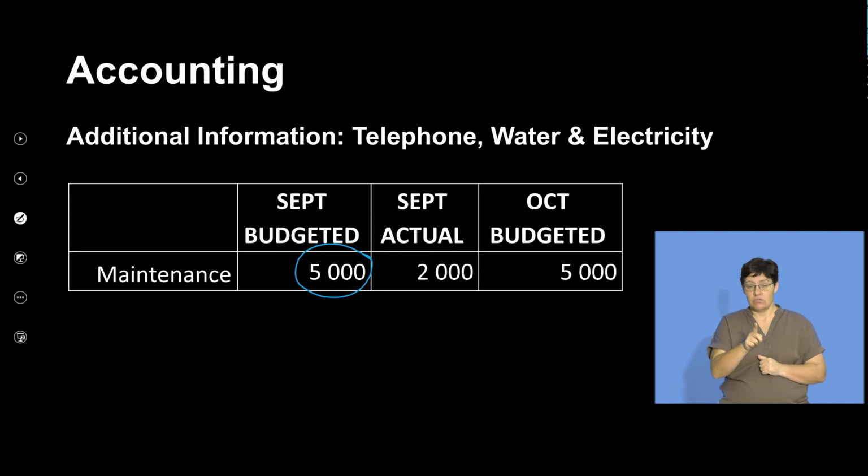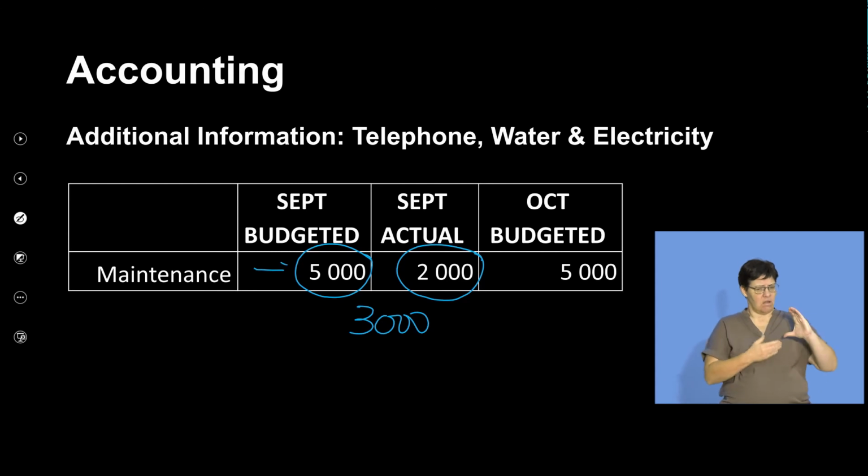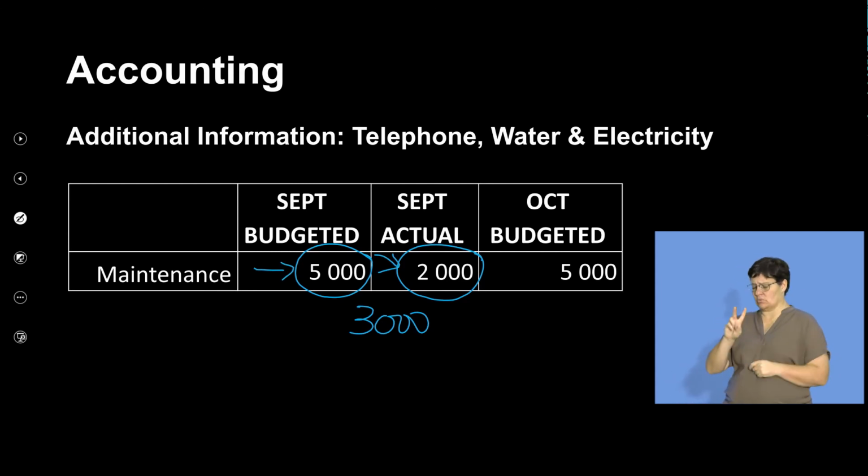Your actual spend on this budget was 2,000 Rand. Although it's a positive variance, you can see she did not use the entire maintenance budget. There was a balance or a positive variance of 3,000 Rand, right? So she budgeted 5,000, she spent 2,000.